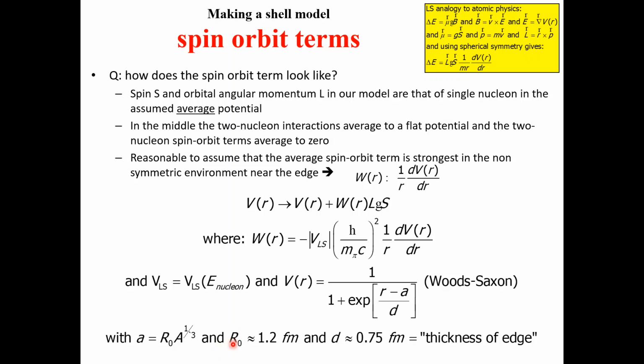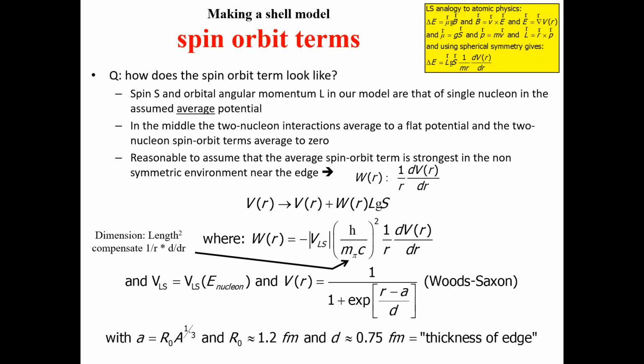We assume the radius is spherical in shape, so you have to utilize the value for r naught, which is approximately 1.2 femtometers, and the value of d, which we utilize in this Woods-Saxon potential, that is d is equal to 0.75 femtometer. We assume that should be the thickness of the edge.